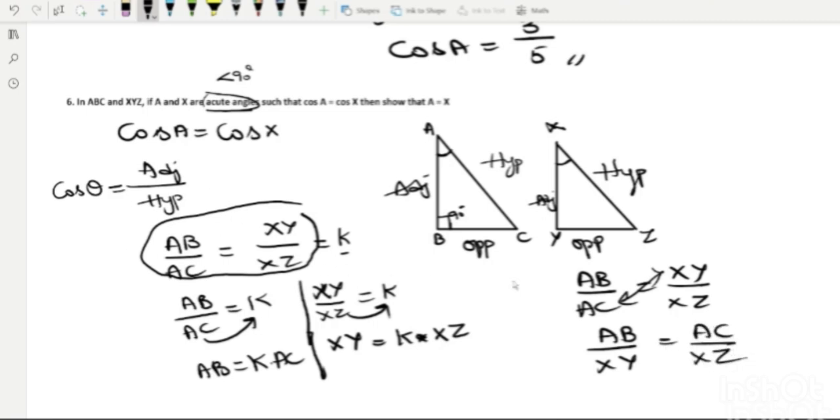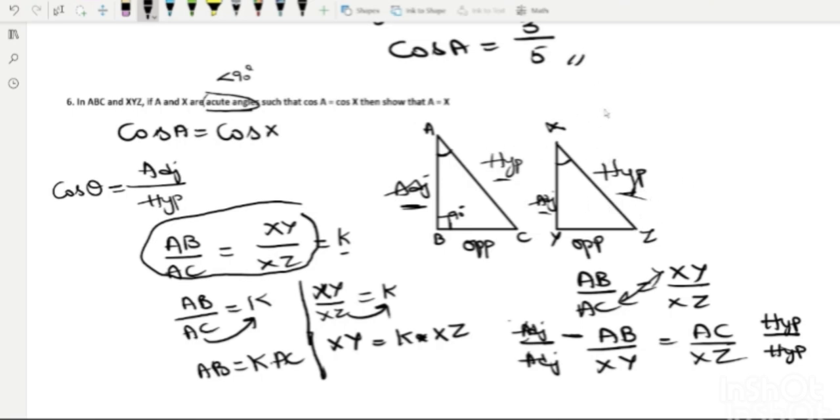If you notice one thing, the AB side in triangle ABC is the adjacent side, and the XY in triangle XYZ is the adjacent side. And the AC is the hypotenuse in triangle ABC, and XZ is the hypotenuse in triangle XYZ. Here you can notice that adjacent divided by adjacent equals hypotenuse divided by hypotenuse.